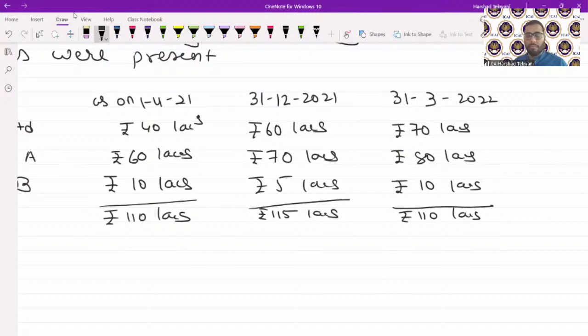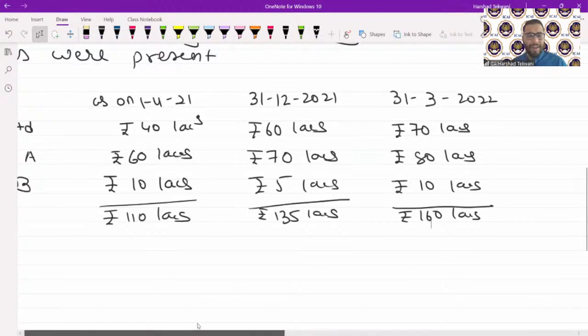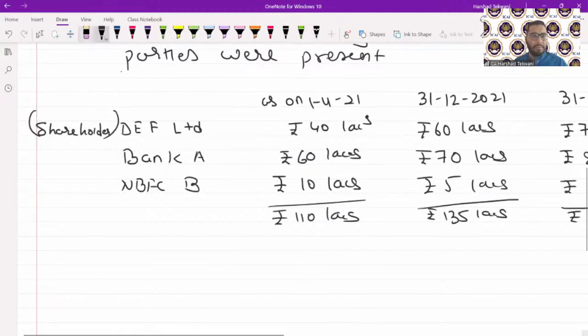This was 15. This was 5 only. So my total will change. Okay, 60, 70, 35. And here 160. And let's say this is a holding company. For simplicity, I'll keep this as a holding company.